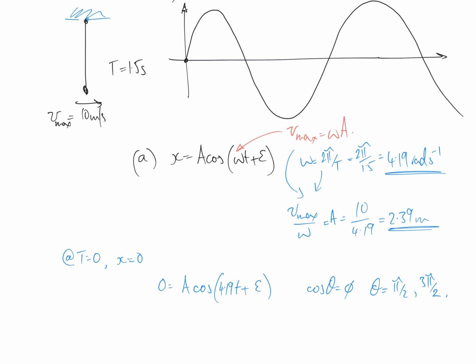Well, which one are we going to choose from this? Do we have any hints? Well, let's just plug one of them in, because our solution should come out okay. So we have 4.19 times 0 plus eta must equal pi over 2.